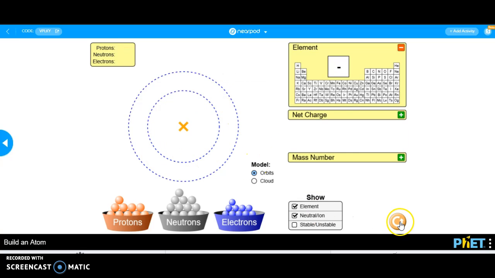Now, let's go to a different element. Let's say we have lithium, and 1, 2, 3. So lithium is the third element on the periodic table. That means we will have 3 protons, because the atomic number of lithium is 3. Now the mass of lithium is 6.94.